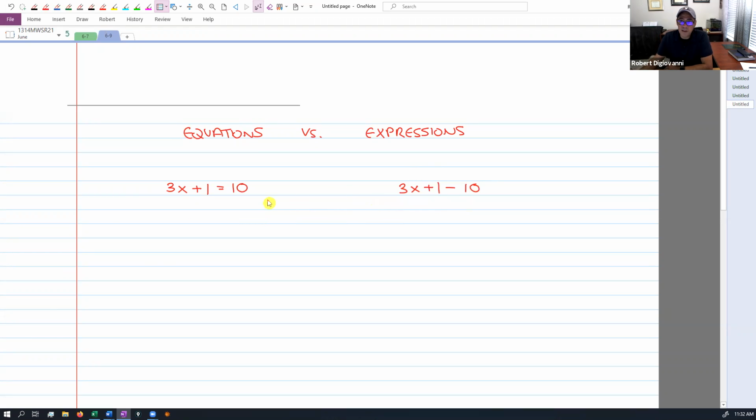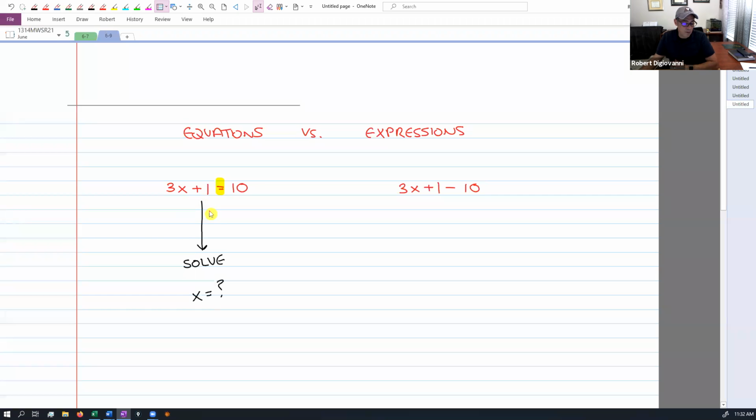These are almost the same exact things, but there's a huge difference between the two. The first one is an equation because it has an equal sign in it. And so when we look at this equation, what we're going to try and do with it is solve it. In other words, we're going to try and figure out what x is that makes this true.